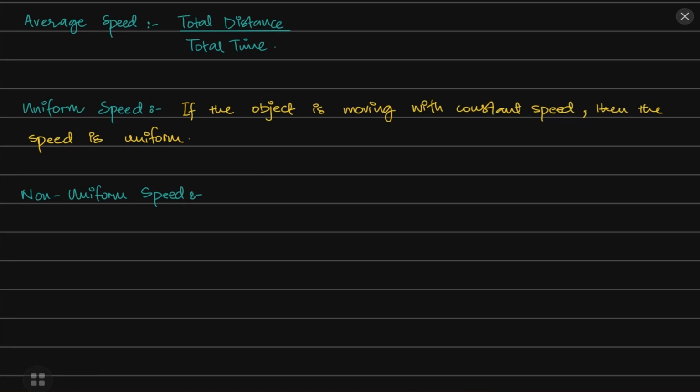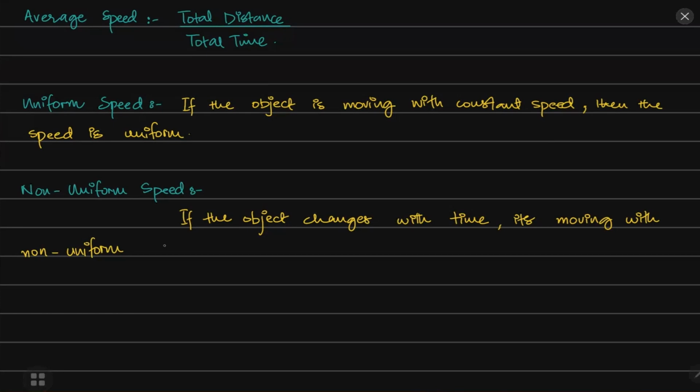So you can say that the speed of the object changes with time, it's moving with non-uniform or variable speed. There you go. Let's talk about the graph in the end.